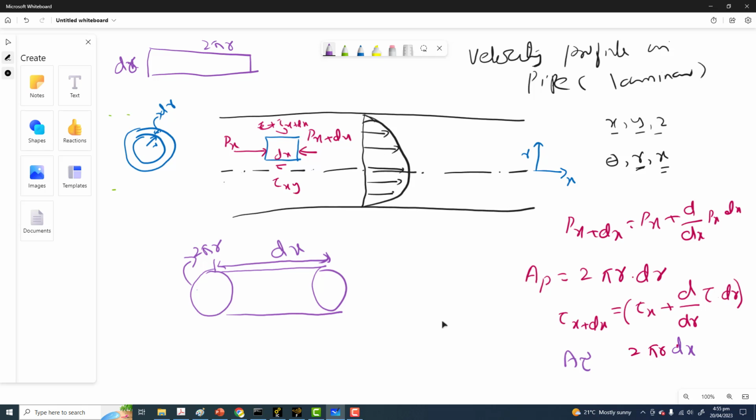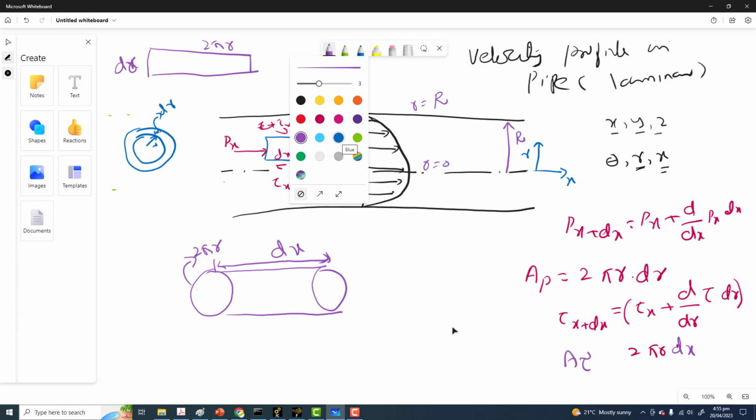Now we have to make the summation of forces, but before that, here r is equal to 0, and here r is equal to capital R, the radius of this pipe. The boundary conditions we can have here are different.